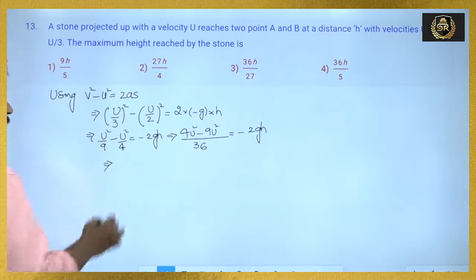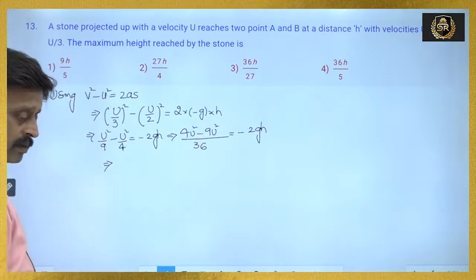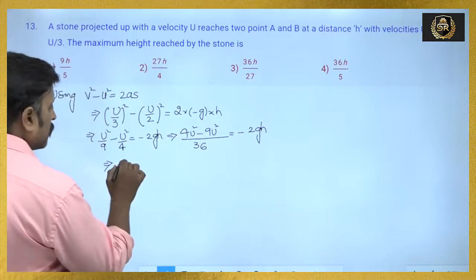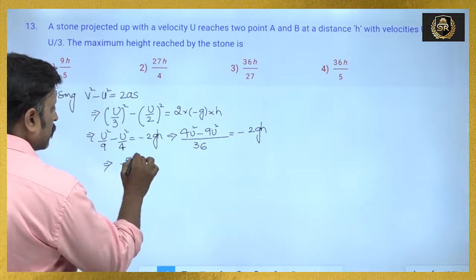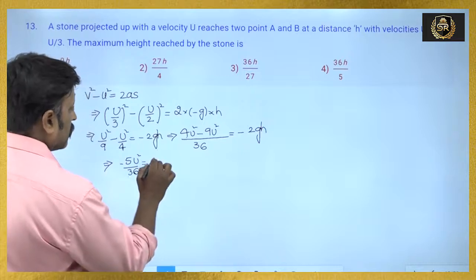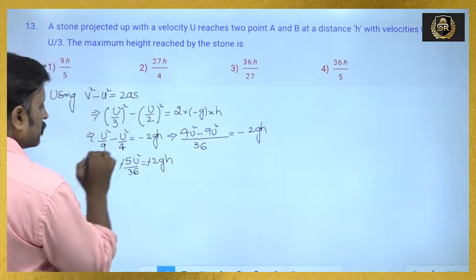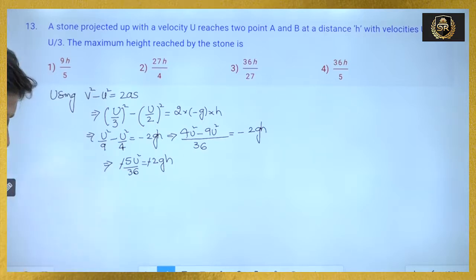If you simplify, 4 minus 9 is minus 5. So minus 5u square by 36 is equal to minus 2gh I am getting. You can cancel minus sign on both sides.